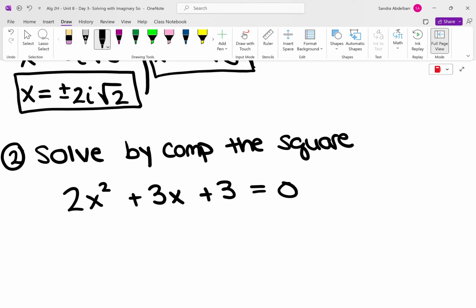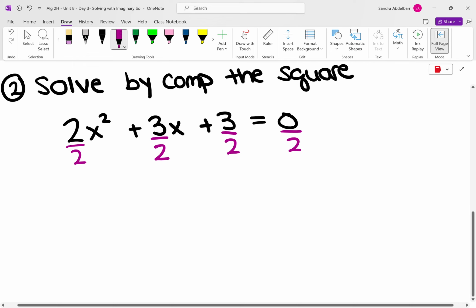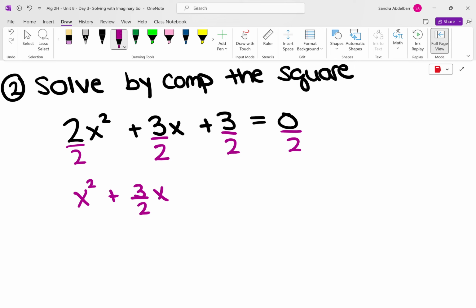Do we complete the square when there's a leading coefficient? No, I need to divide it out. So I have to divide every single term on both sides by that leading coefficient. So now I'm going to have x squared plus 3 halves x plus 3 halves is equal to 0.